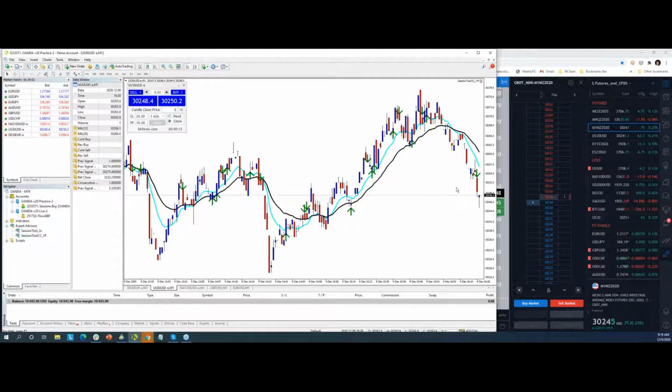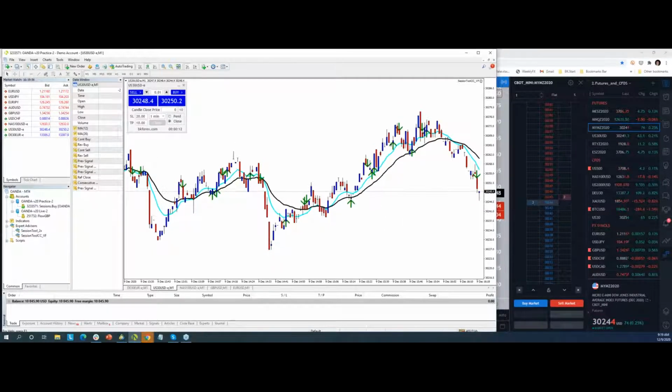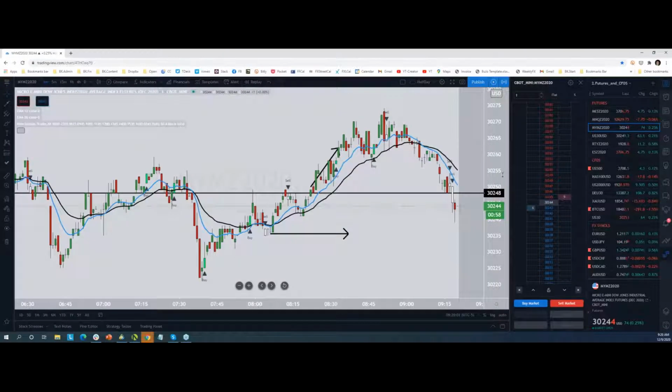But what I'd love to see now is for us to consolidate, maybe even create a buy candle, and then for that buy candle to fail. I want to look at a buy candle failure. If I get one, that's going to give me a lot more confidence that I have more downside to go on the chart.